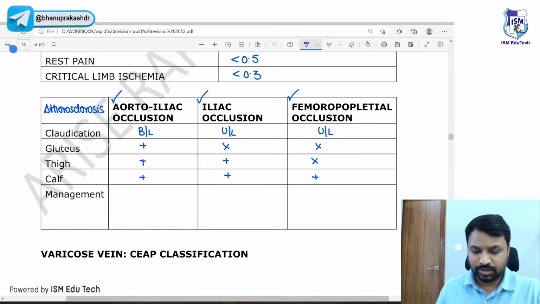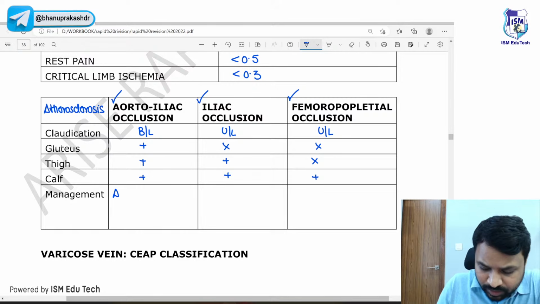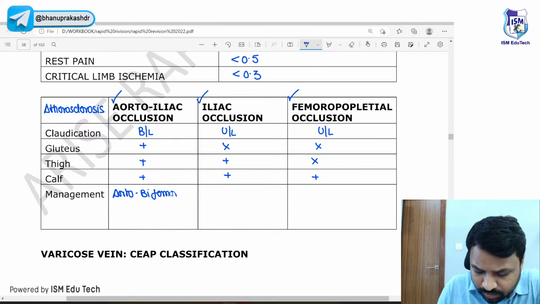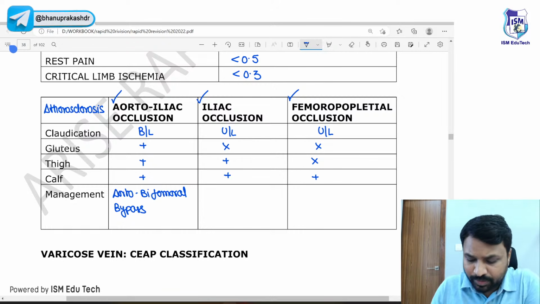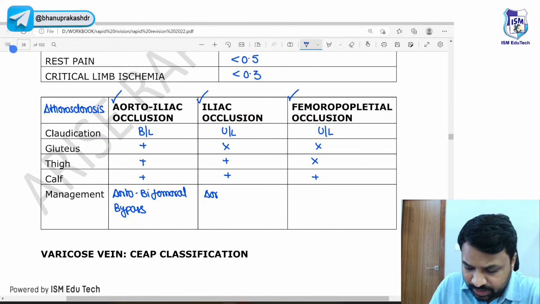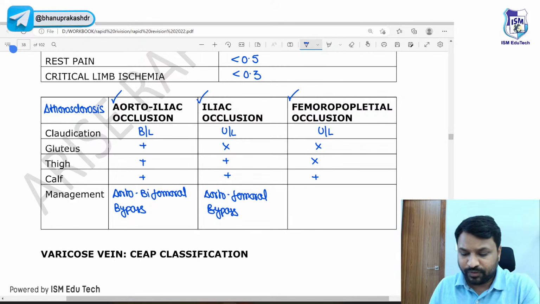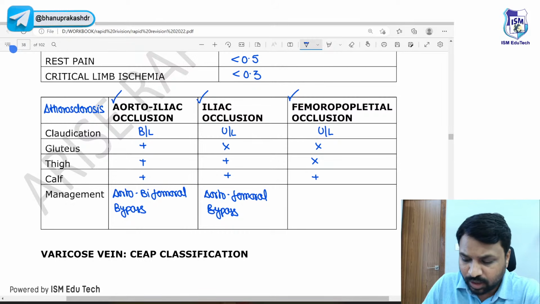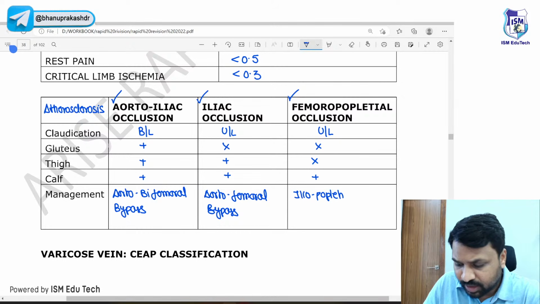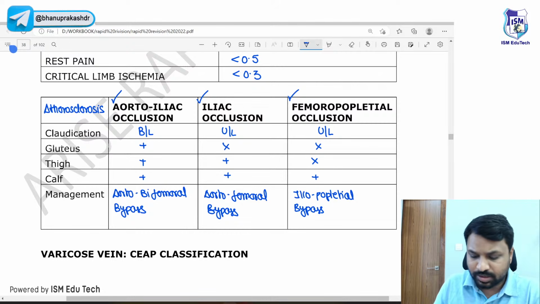Now management: here I will do an aortobifemoral bypass. Here we will do only the aortofemoral bypass, and here we will perform an iliopopliteal bypass, right?